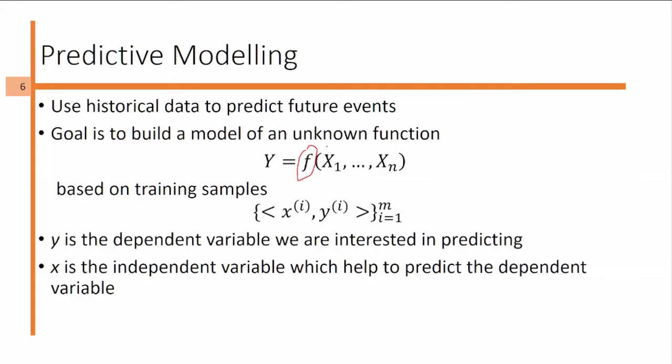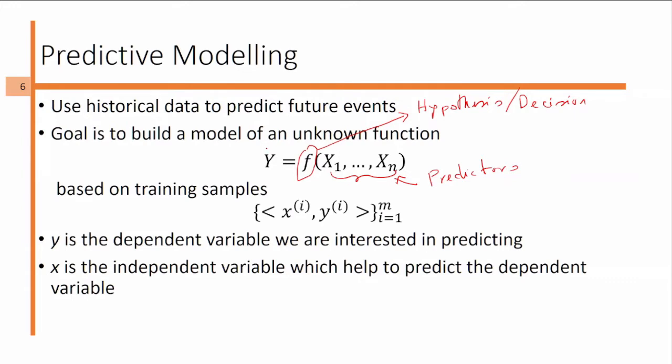In some places, this unknown function f is called a hypothesis. In some cases, they call it a decision function or a decision model. And these are my predictors, which we also call independent variables. I will be using these variables to predict the future event.